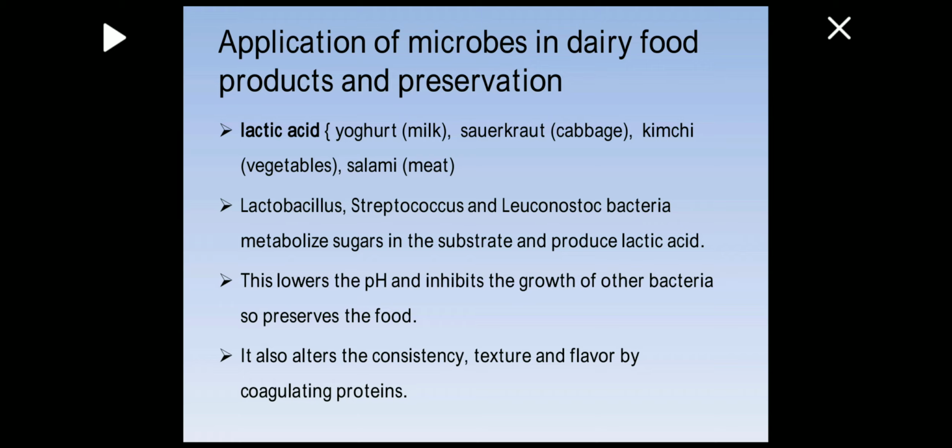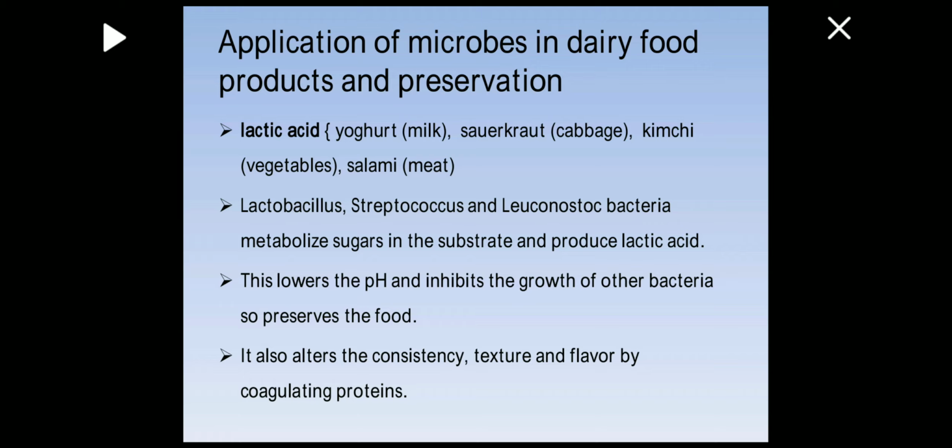So consistency means that if a food product is solid, it remains solid for a certain period of time. If a food product is semi-solid, it remains semi-solid for a certain period of time. Texture is the appearance of the food product, whether it is smooth, rough, or granular or whatever.